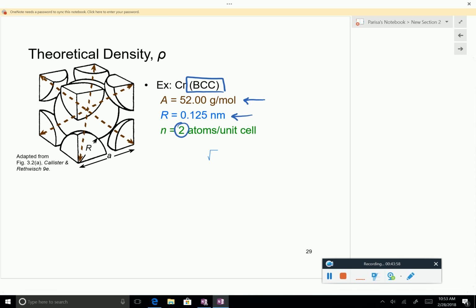So you just need to plug in the numbers to calculate the theoretical density, and be careful about the units. Nothing special, so try to just plug in the numbers. Look at the formula once again. Write it down for yourself from the previous slide. Can I actually pick up the previous slide?